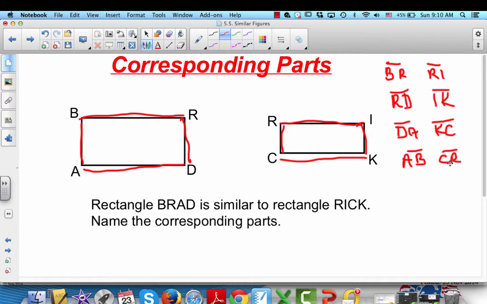Now don't forget, you also have corresponding angles, so make sure that you do not forget to do corresponding angles.